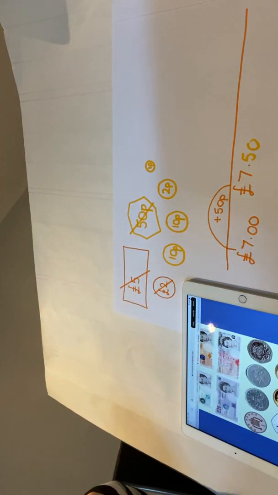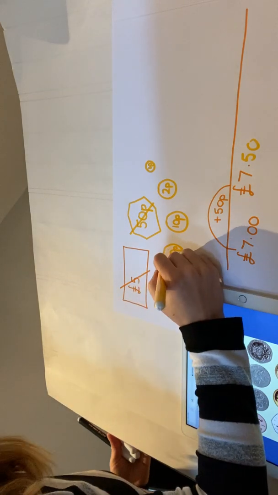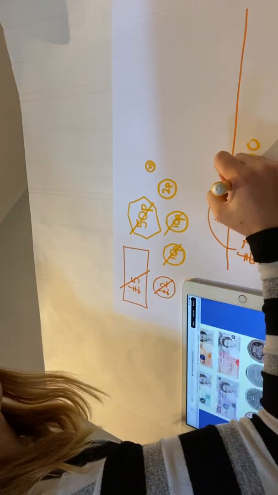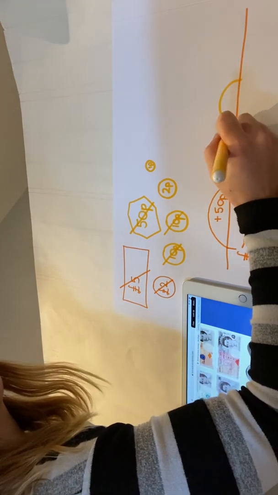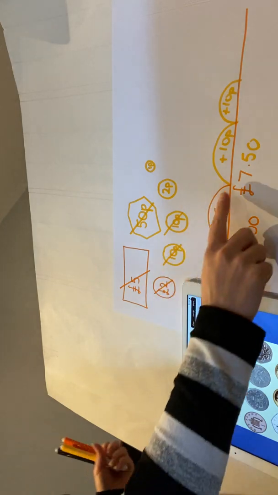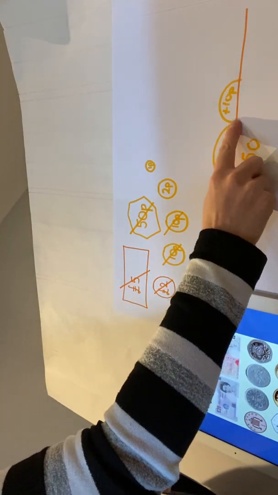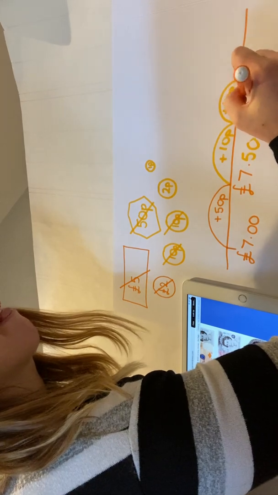Okay, now I'm going to add my 2 lots of 10. So I've got 1 10, 2 10s. So that would be £7.50, £7.60, £7.70.